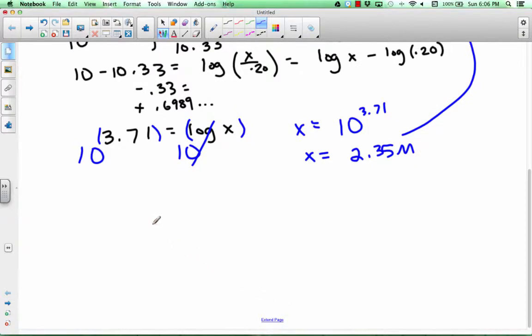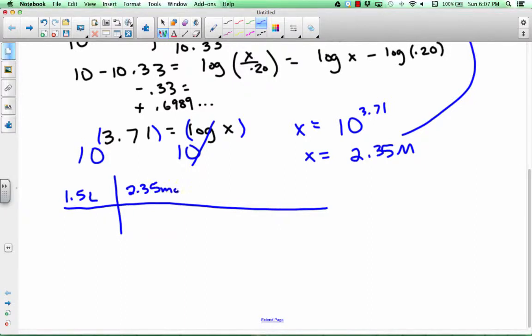We need to calculate how many grams of sodium carbonate must be added. So now it's a stoichiometry problem. I have 1.5 liters of solution, and I need a concentration of 2.35 molar. So that's 2.35 moles per liter. And for every 1 mole of carbonate ion that we need, I'm going to require 1 mole of sodium carbonate.